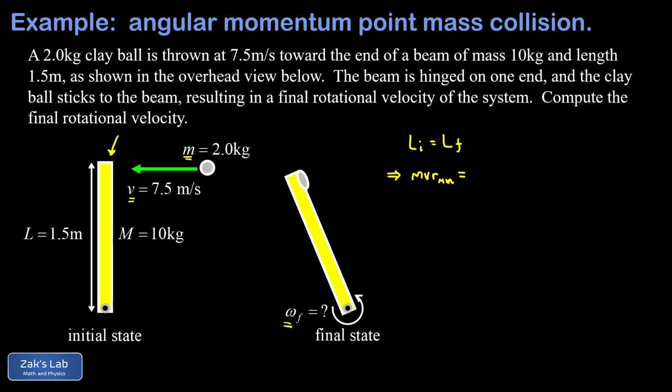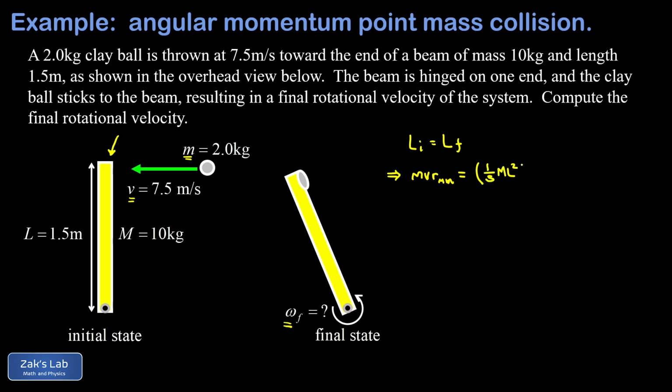Okay, then to get our final angular momentum, I have these two objects that are stuck together and then they're experiencing this pure rotation. So I need to get the total moment of inertia of the combined masses. And this starts out with the moment of inertia of the beam itself. And we recall that that's given by 1/3 times ML squared when we rotate a rod about one of its ends.